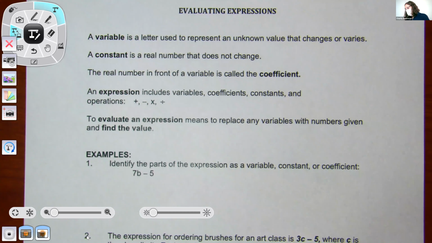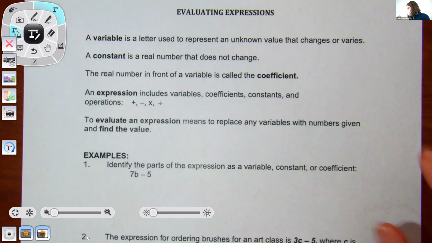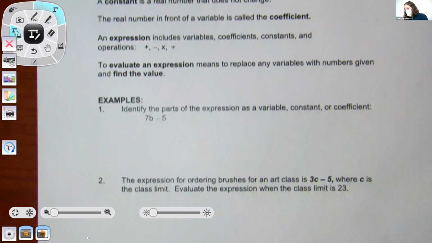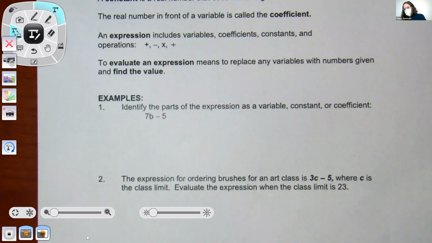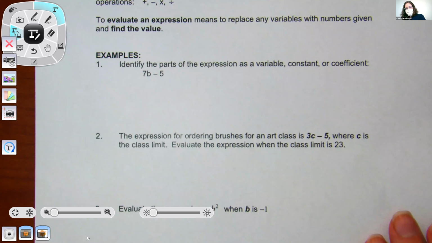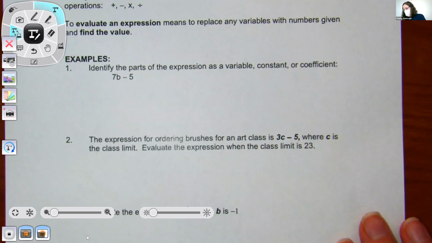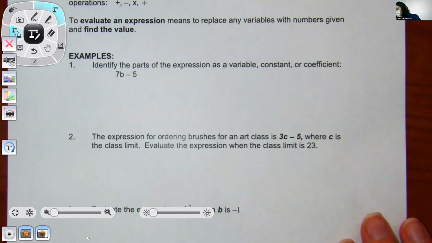Okay, so number one, identify the parts of the expression as variable, constant, or coefficient.